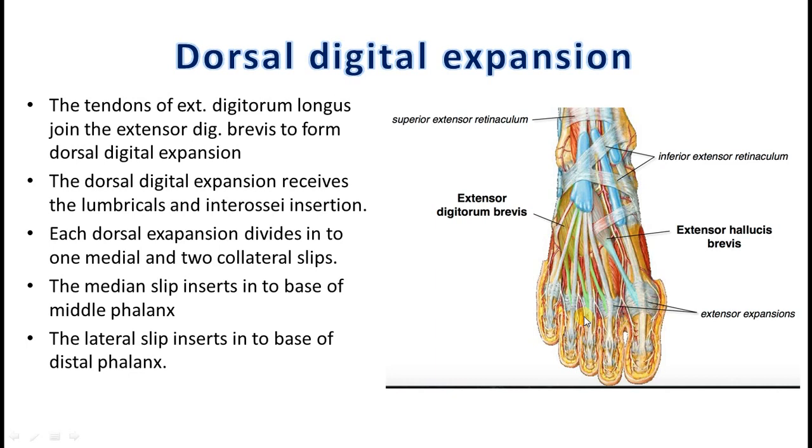So antagonistic muscles. Both the antagonistic muscles create a balance between these two groups of muscles through the dorsal digital expansion. Because of that only, flexion at one joint and extension at the interphalangeal joint is possible mainly through this dorsal digital expansion.